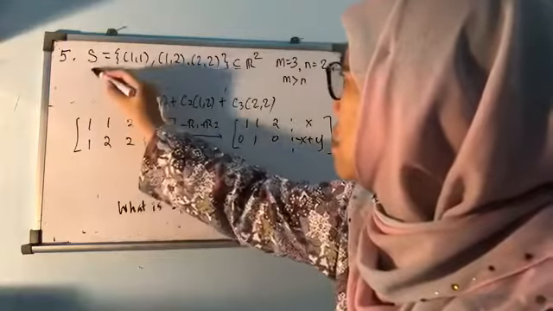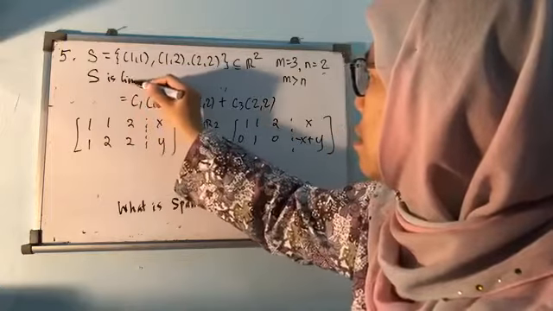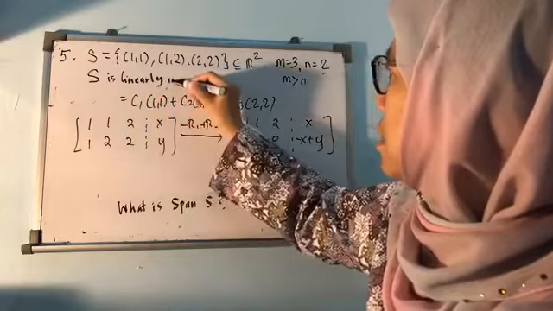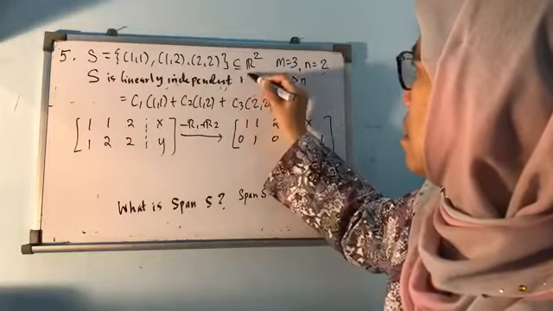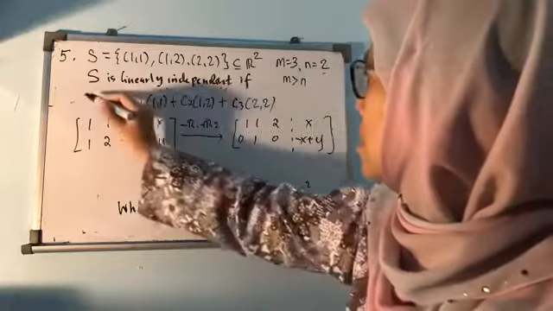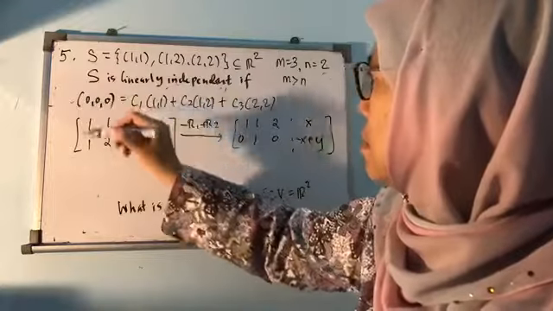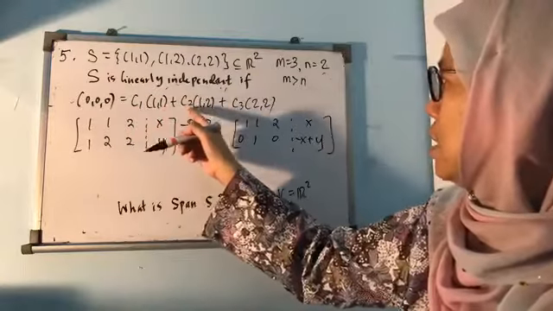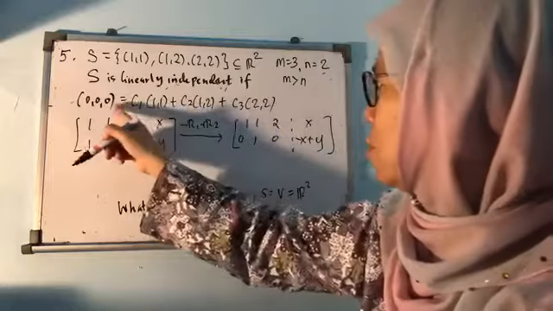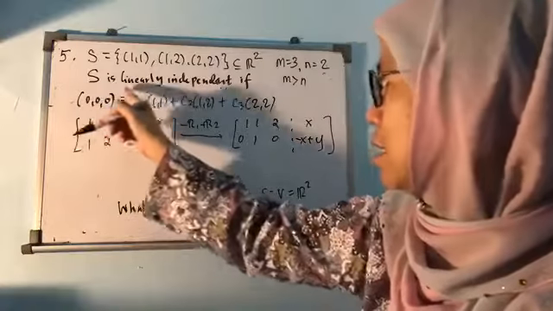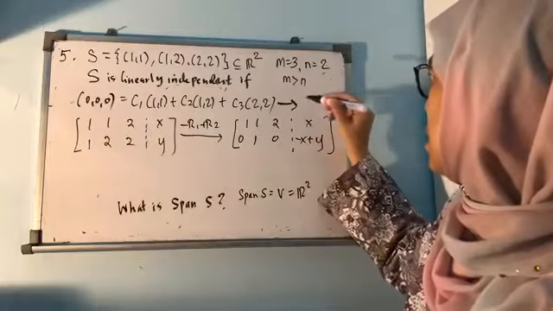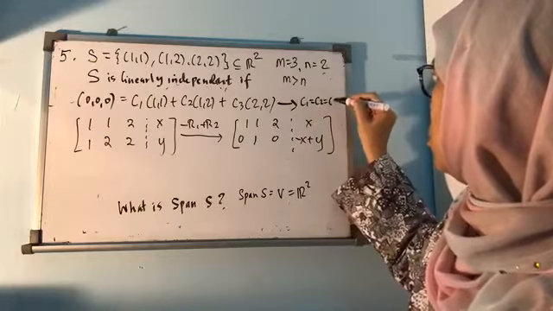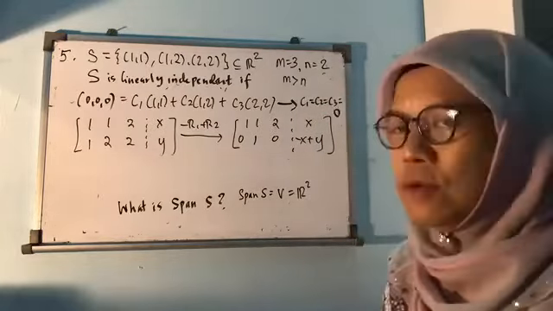S is linearly independent if C1(1,1,2) plus C2(1,2,3)... equals 0, 0, 0. This is a must, yeah? You have to write it equal 0, 0, 0 implies C1 equals C2 equals C3 equals 0.